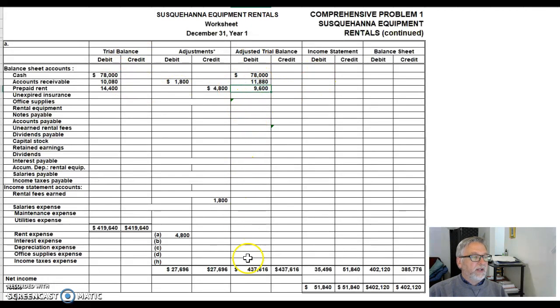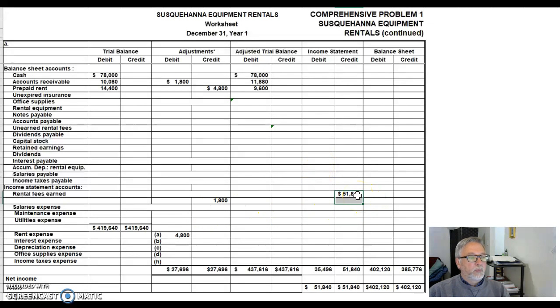And then once you get the adjusted trial balance all done and all pulled across, then you're just pulling the numbers into the appropriate accounts. So all of the rental fees earned are going to be pulled over here into this column. So you're going to have two entries there, and they're going to sum them all up here.